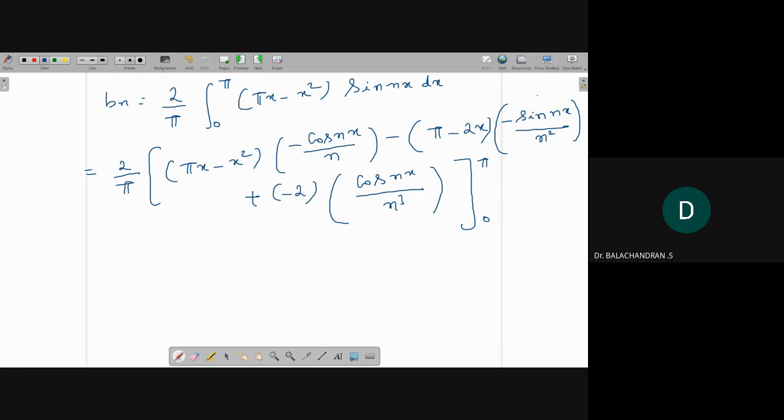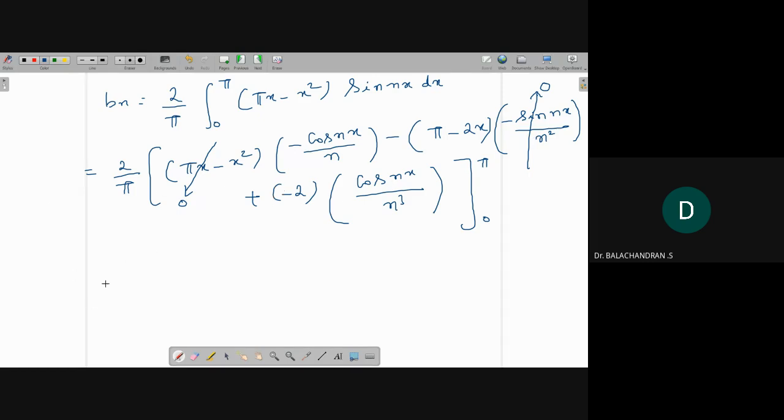So this is 0 for both upper limit as well as lower limit, because sine n pi is 0 and sine 0 is 0. And this is also 0 for both upper and lower limit. The reason is when x equal to pi, pi square minus pi square is 0, and when x is equal to 0, here also you have x, here also you have x. So first and second terms are 0. So only you have the third term.